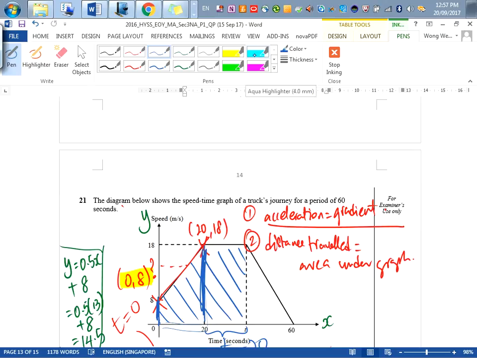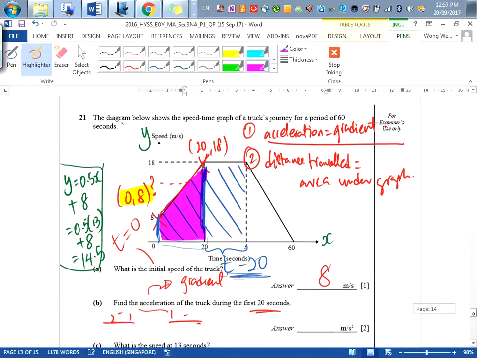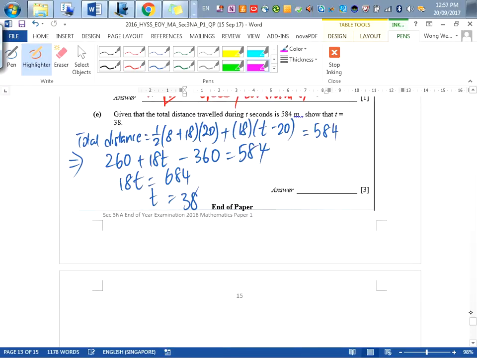I am going to highlight the trapezium in purple now. Okay? So right now I have shown that t is equals to 38. So right now shown. No need for this.